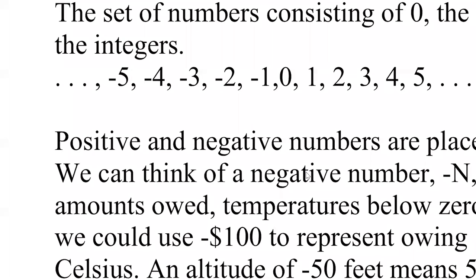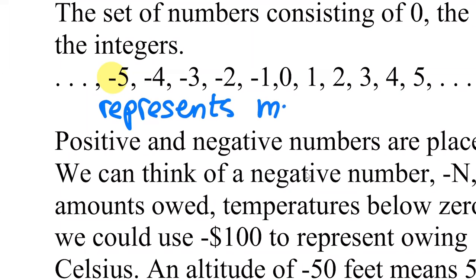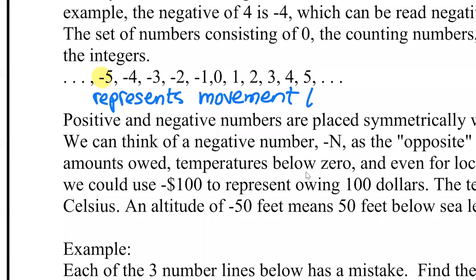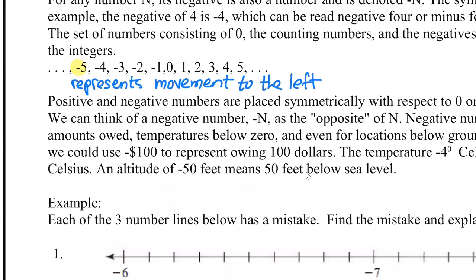So negative represents movement to the left. The reason I can make that claim is that the positive numbers represent movement to the right.